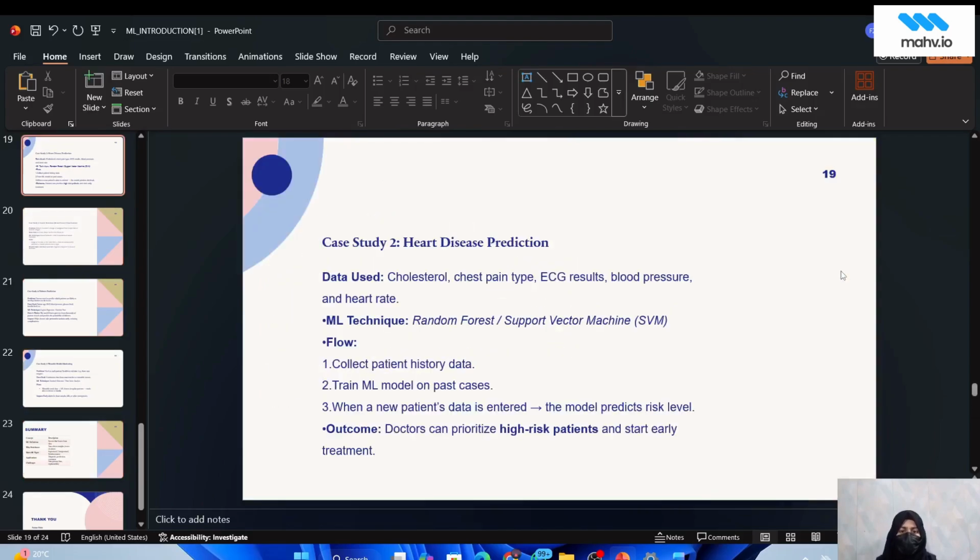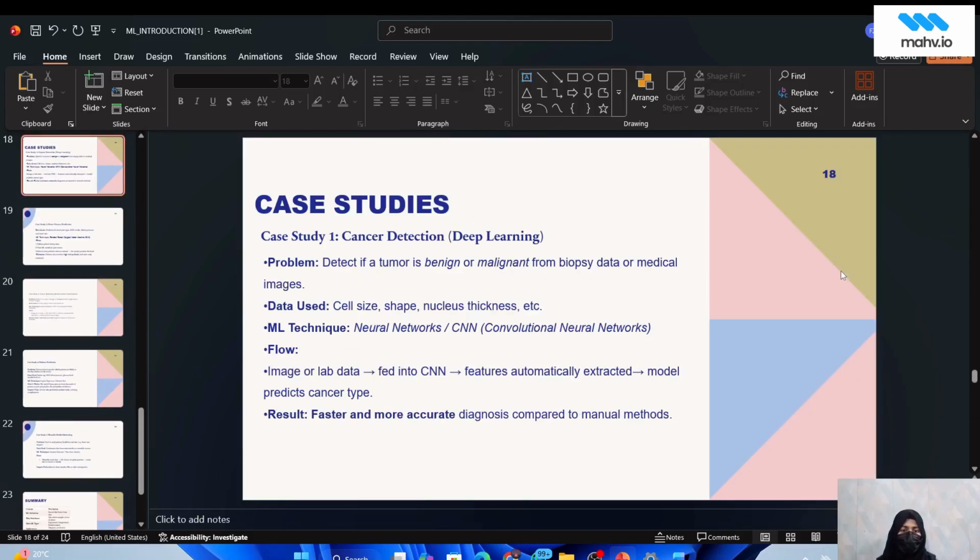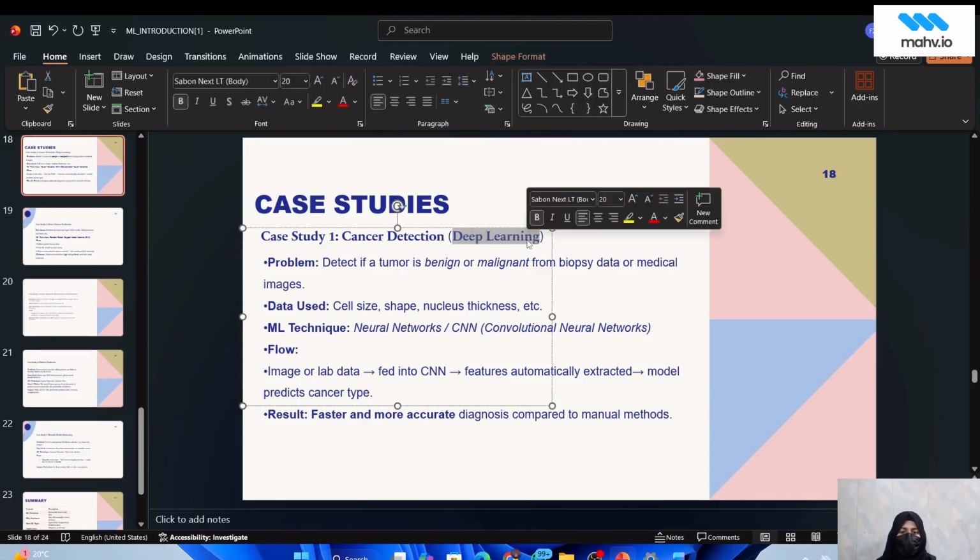In the first one, cancer detection, deep learning is used. The main difference between ML and deep learning is that in ML you have to extract features by yourself, but in deep learning the features are automatically extracted, so your manual effort is reduced.